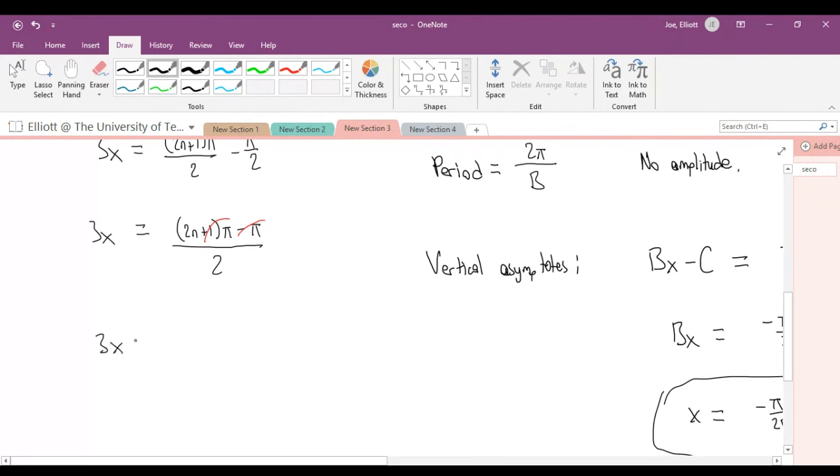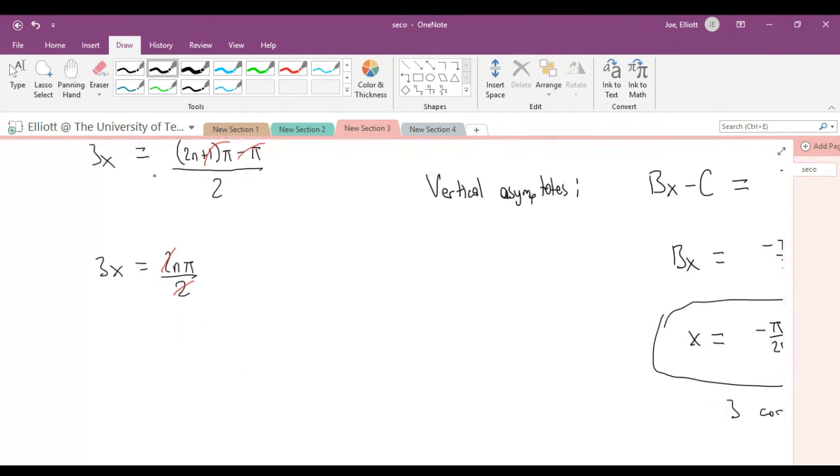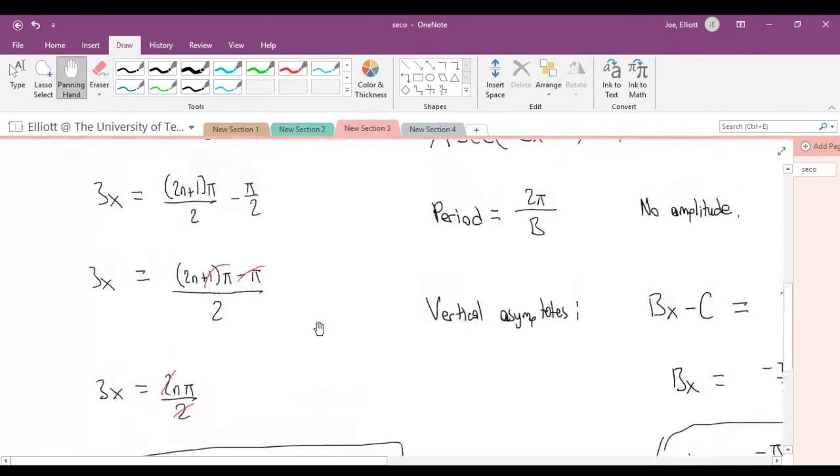That will leave us with 3x is 2n pi over 2. Oh, so it simplifies even more. You can cancel out the 2's next, right? So 3x is n pi. So solving for x, you would get x equals n pi over 3. Again, n represents any integer. So this will give you all of the vertical asymptotes for our secant function.